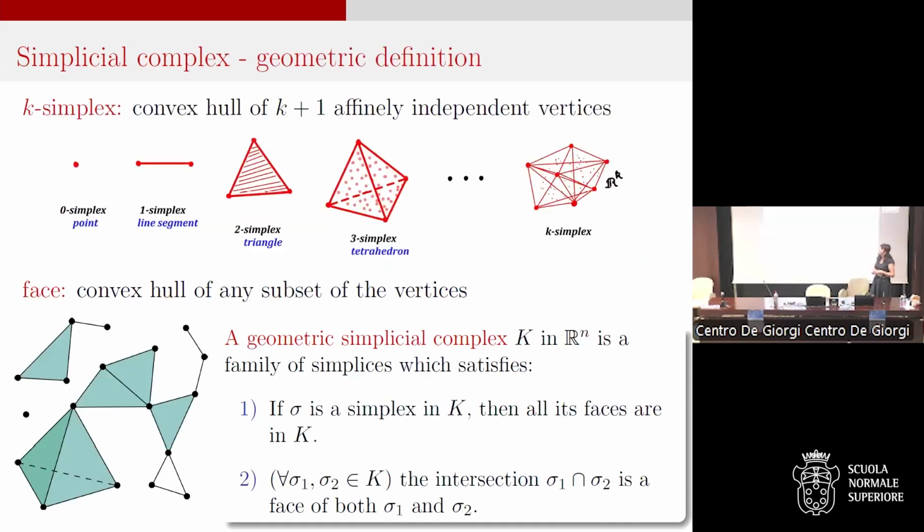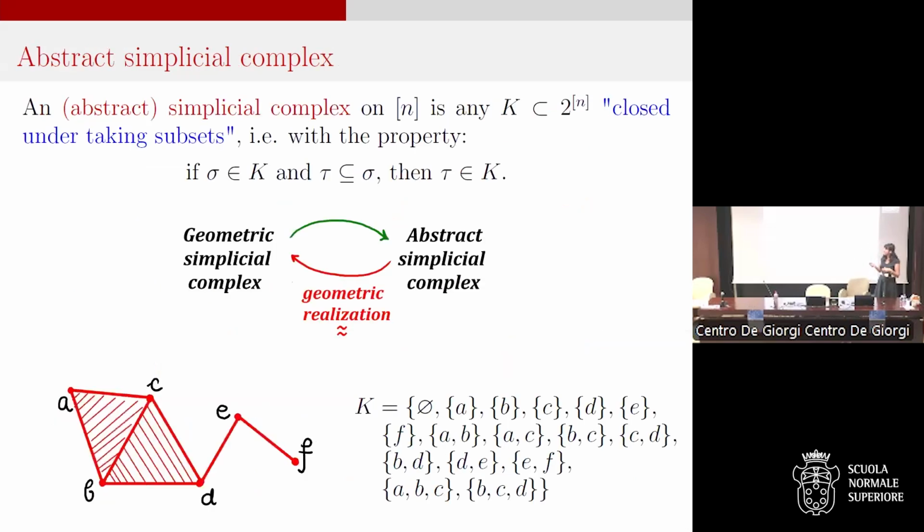Okay, let me start. Simplicial complex, we are used so much to that. We have that geometric approach. We build a nice structure from these nice building blocks. The simplest is a convex hull of independent points, and then we glue them in a nice way, so that the intersection is again a simplex. And we have a combinatorial approach, right?